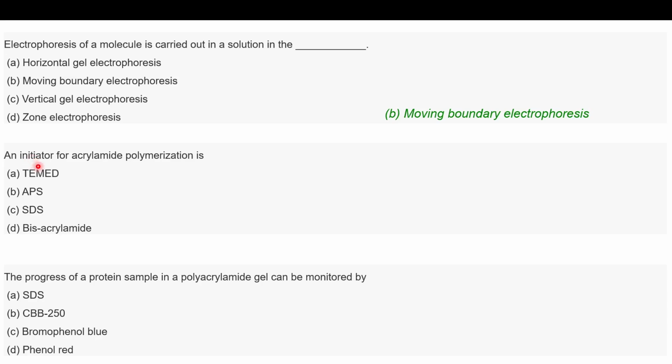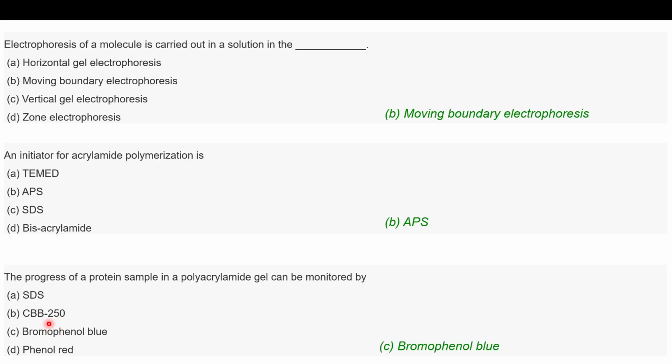Okay. So in case of PAGE, what is the initiator for acrylamide polymerization? Yes, it is persulfate, which supplies free radicals. Now the progress of a protein sample in a PAGE gel can be monitored by, yes, bromophenol blue.